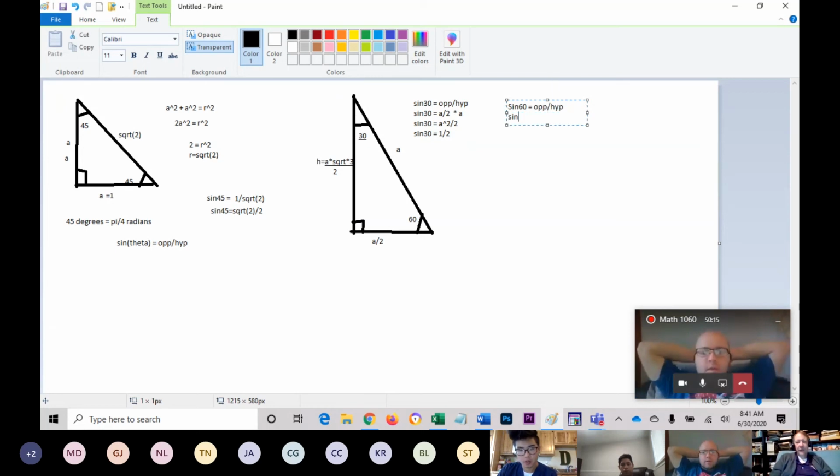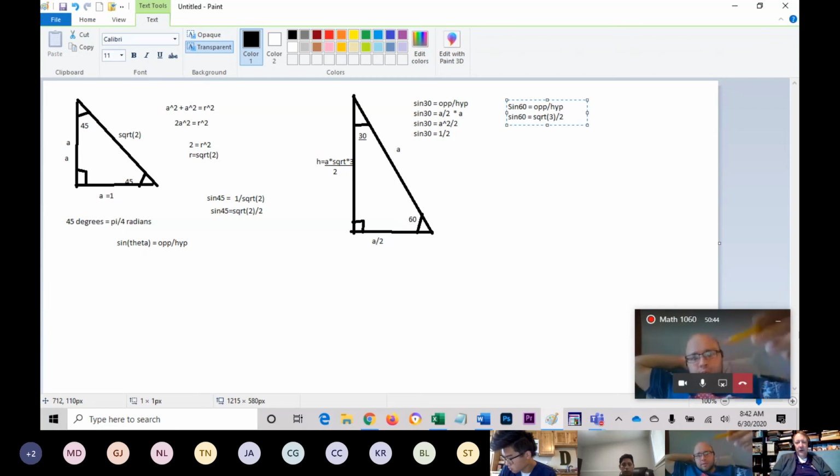Okay, so in this case, the sine of 60 is going to equal the opposite. So this is my 60-degree angle now. So the opposite is, so let's assume that A is 1. It'll make our lives easier. Okay, so it's 1 times square root of 3 over 2.